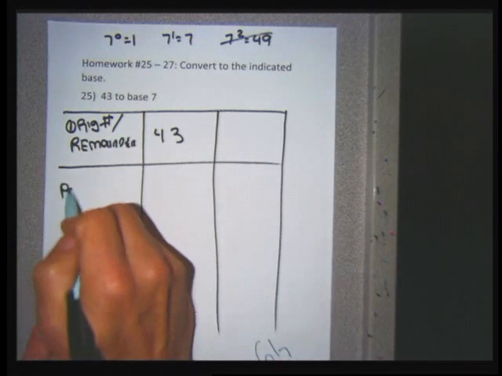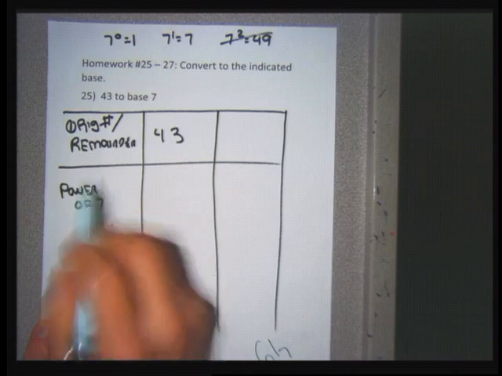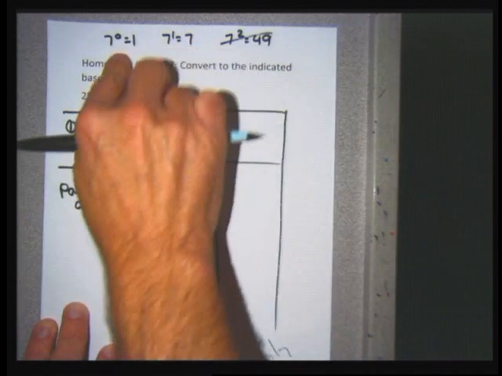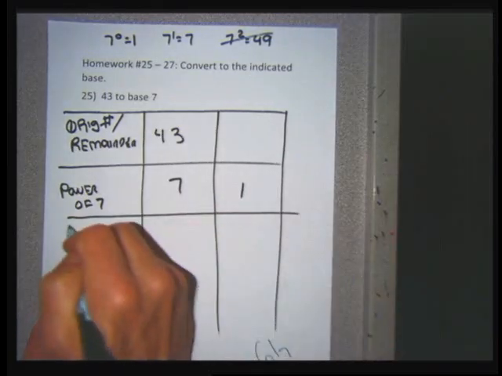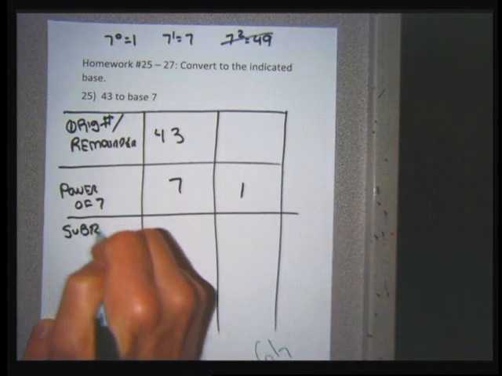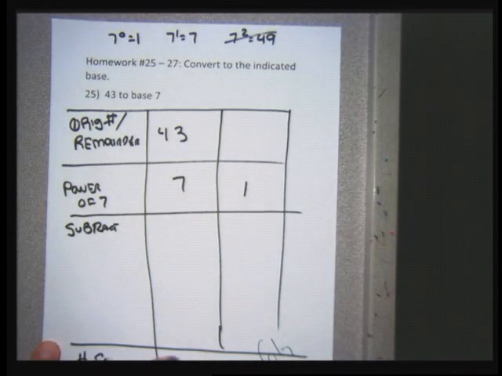Now I'm going to do my power of 7. And my powers of 7 are going to be 7 and 1. And then the subtracting, and leave myself a lot of room for subtracting here. And then the number for my answer.